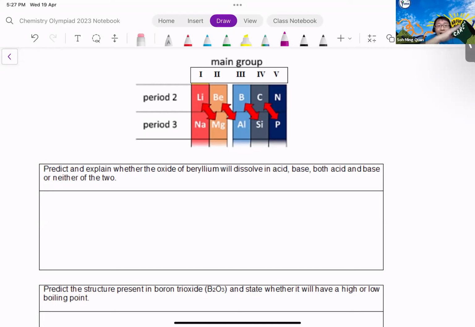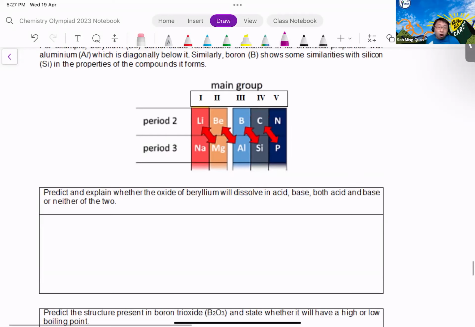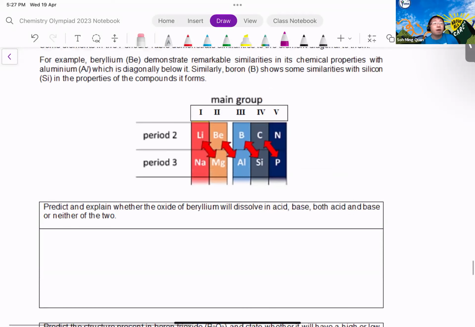Elements that are linked diagonally seem to have some similarities. Take, for example, lithium and magnesium. Lithium and magnesium have some similarities. Boron and silicon also have some similarities. So they told you, for example, boron and silicon are quite similar. Beryllium and aluminium are also quite similar.